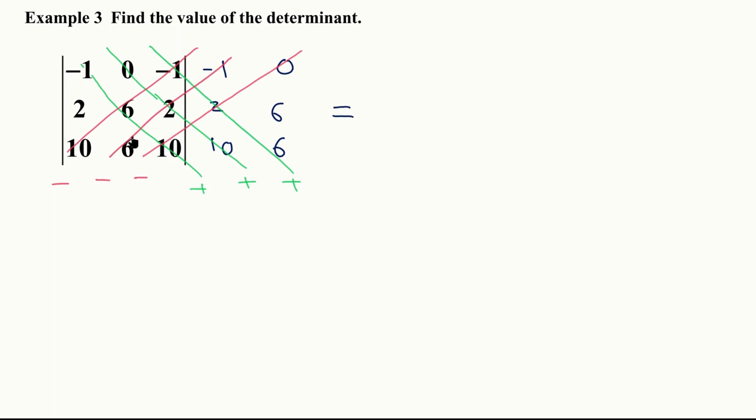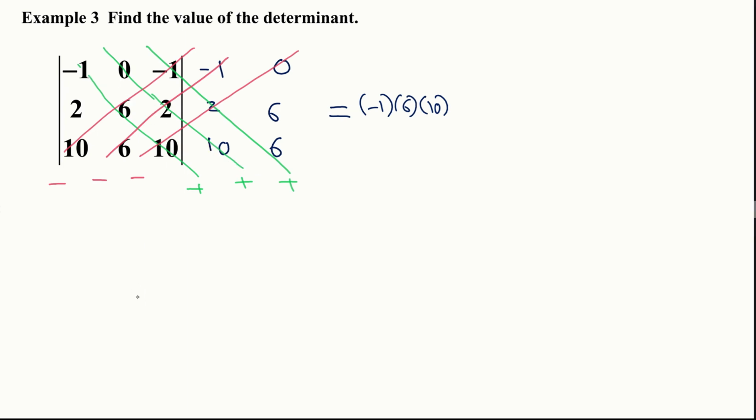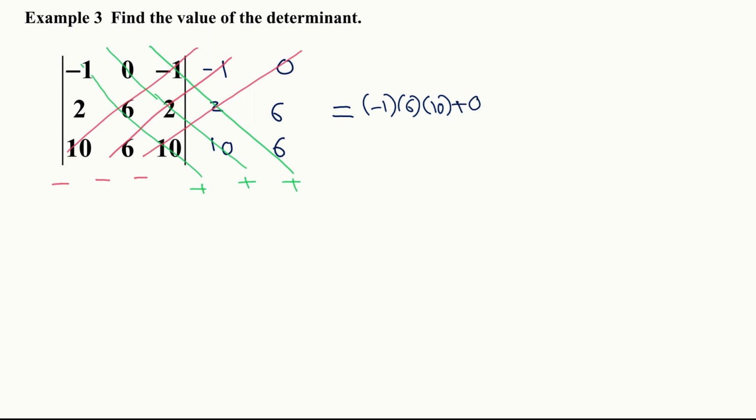this product gives us -1 times 6 times 10. Plus this product, which is of course going to be what? 0. We don't need to write much more than that. Plus this product, which is -1 times 2 times 6. Now we start subtracting.